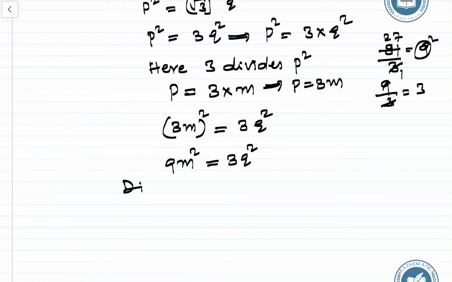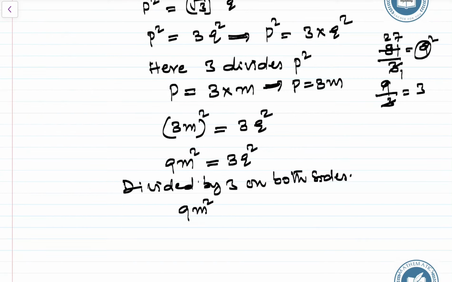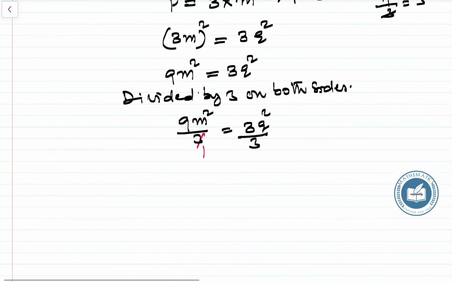Dividing by 3 on both sides, now it becomes 9m square by 3 equal to 3q square by 3. So 3 ones are 3, 3 threes are 9.